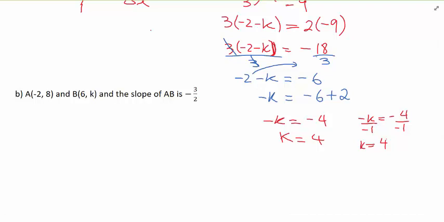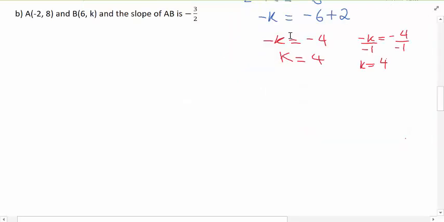Why don't you try b on your own? Try this method that I just showed you, and try b. Again, you notice that it gives you the slope, so you probably want to start with the slope formula, and then you plug in everything you need.